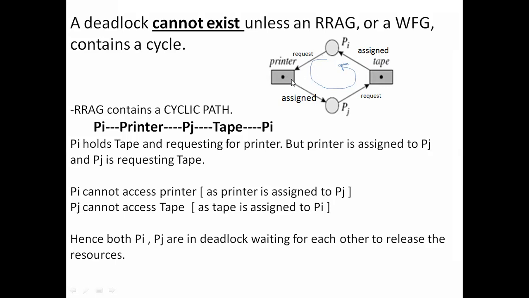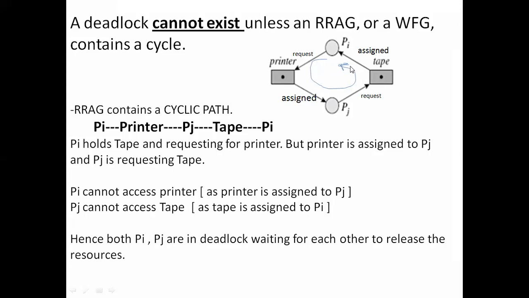And this edge indicates that the same printer requested by Pi is already assigned to the process Pj. And apart from holding the printer, the same process Pj is also requesting the tape drive. Okay, so we have a sort of loop or circular wait existing here. So we have a cyclic path here.